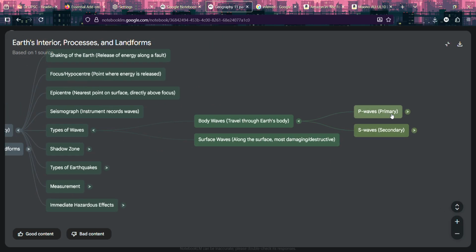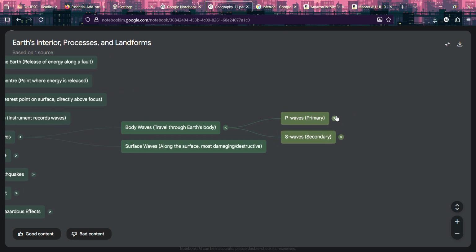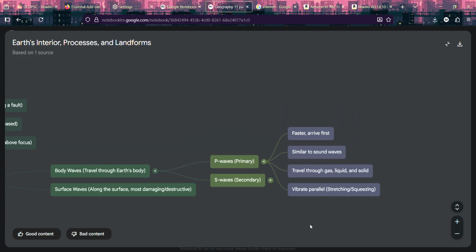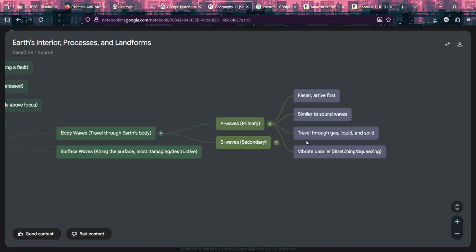The first is primary waves, which are not as destructive, but come first. It is the first wave that comes across, and after some time interval the second wave comes. It is faster, similar to a sound wave, travels through gases, liquids and solids. It vibrates parallel, it stretches and squeezes, and it travels parallelly.